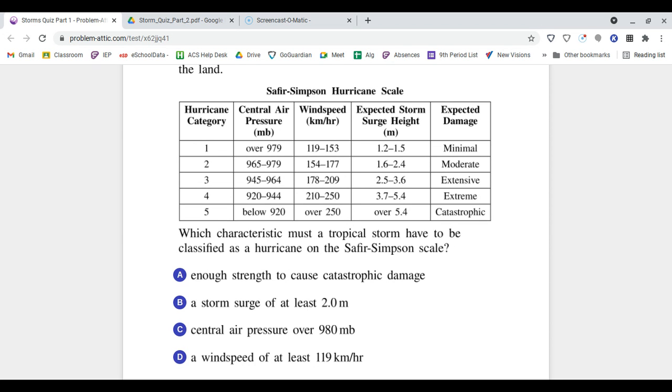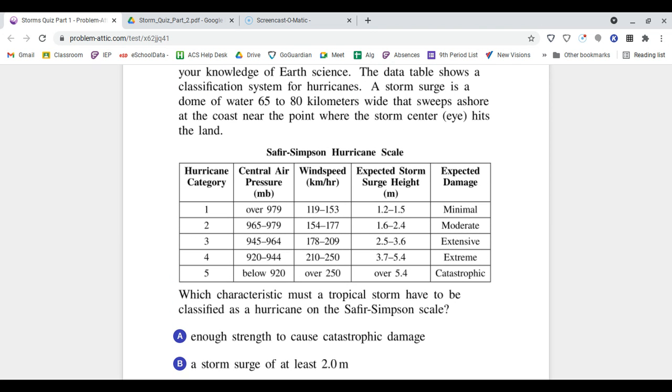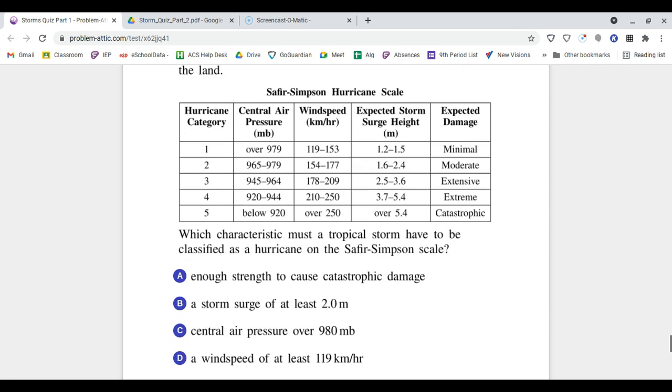Central air pressure over 980 millibars? Or a wind speed of at least 119 kilometers per hour? Are you guys good with that one?